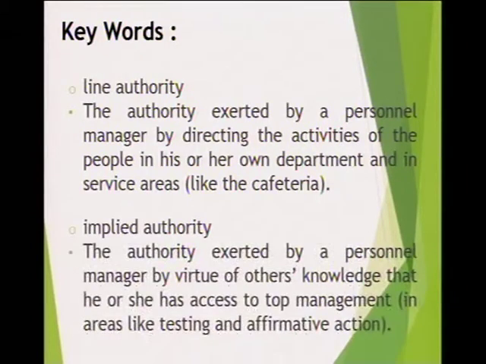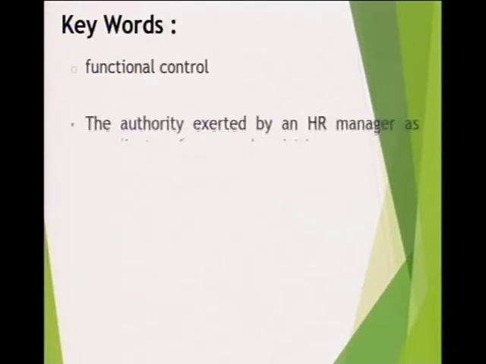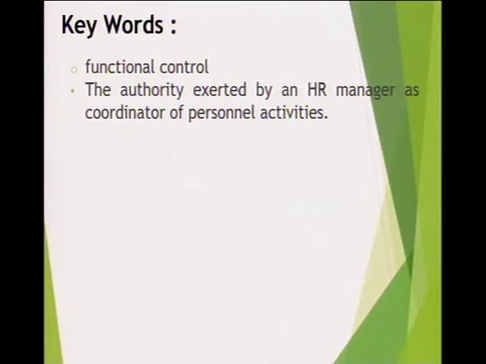Implied authority is authority exerted by a personnel manager by virtue of other people's knowledge that he or she has access to top management, for example, in affirmative action decisions. Another keyword is functional control. Here we are talking about the authority exerted by an HR manager as coordinator of personnel activities.